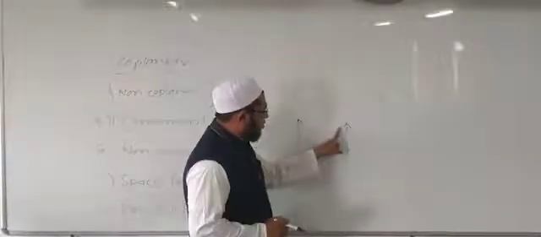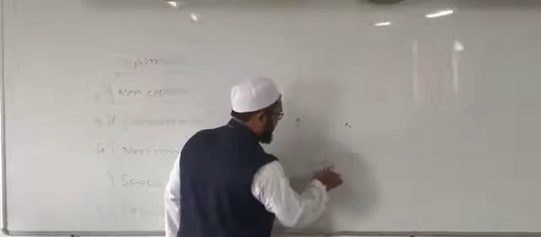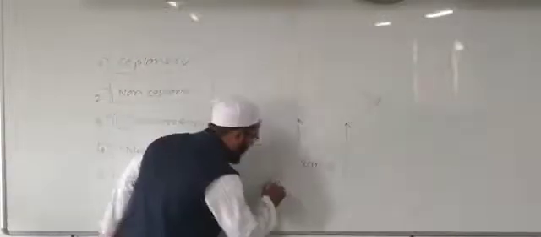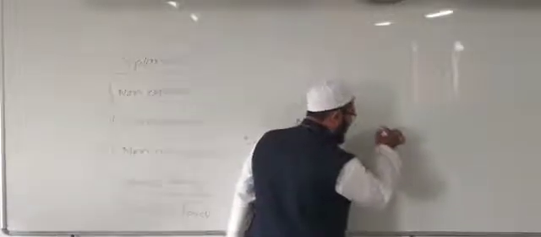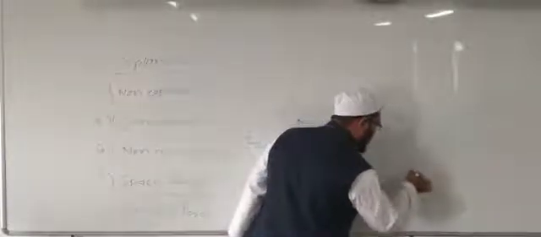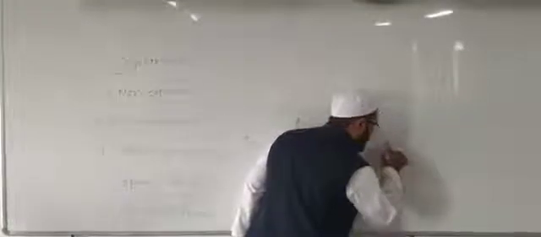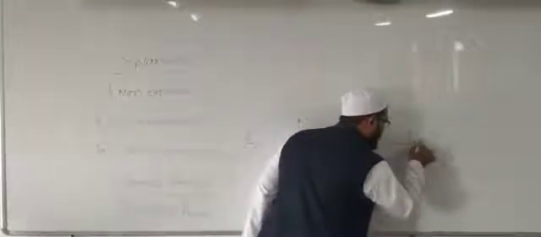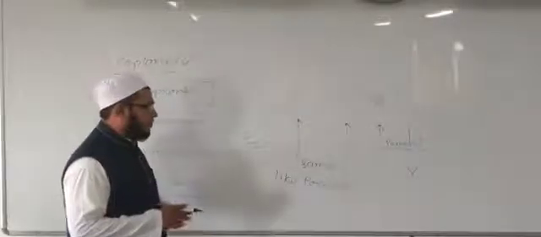When the direction of both parallel forces is the same, then it comes under like parallel force system. But when the force directions are different, means both forces are parallel but direction is opposite, this force system is called unlike parallel force system.